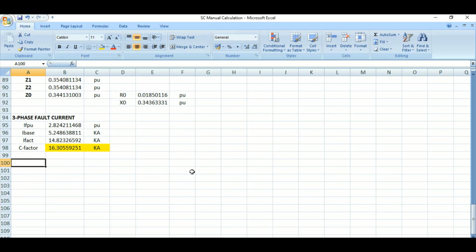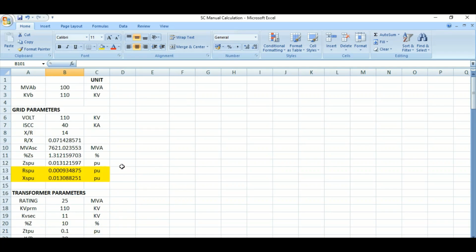Now let's calculate the SLG fault also. SLG fault current calculation. So what will be the per unit current? It will be the same thing we did in the previous video.